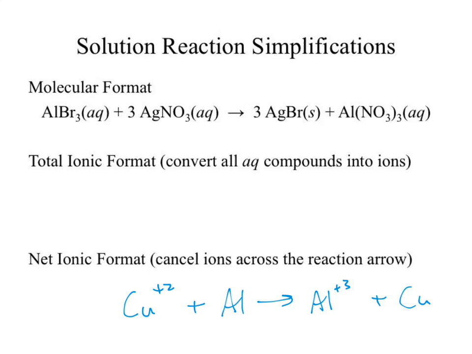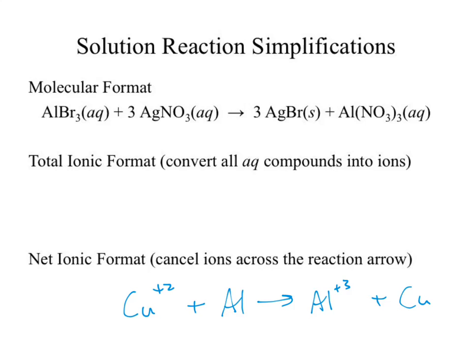We can take a balanced equation, and it does need to be balanced before we start, and we'll look at it and say, okay, what parts of this just aren't going to be important? Well, in this format, is it obvious which parts aren't going to be important? Not really.